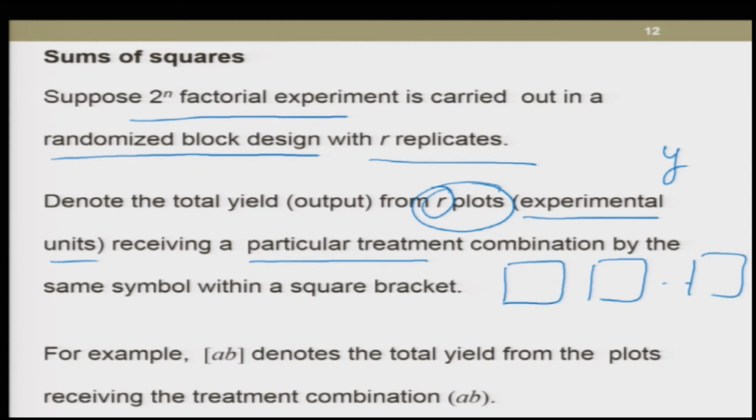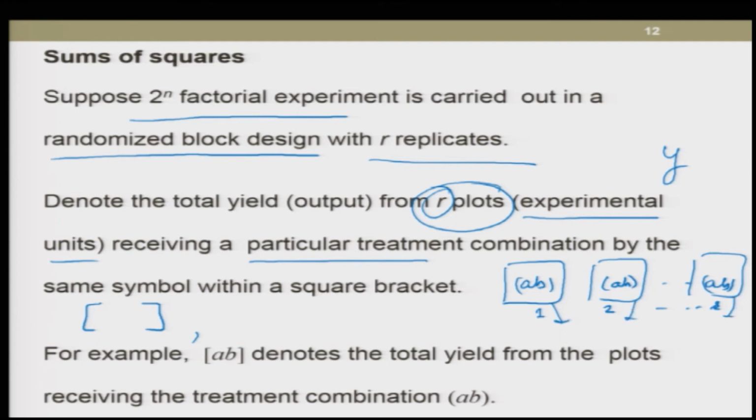Whatever is the total yield from that treatment combination is going to be denoted by square brackets. For example, if there is a treatment combination ab which is given to this plot, this plot, and this plot, plot number 1, plot number 2, plot number R, I will be getting all the outcomes from the first plot, second plot, up to the R-th plot.